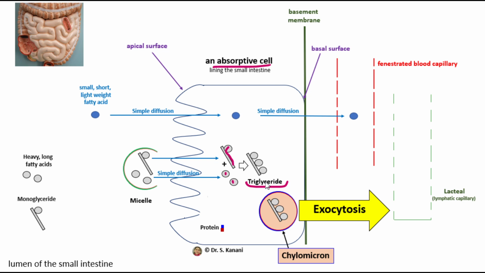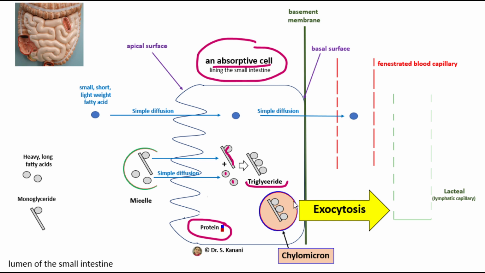And also some other lipids such as phospholipid and cholesterol are added to the group, and then the absorptive cell prepares these molecules to get inside a watery place by producing some proteins and wrapping a coat of protein around the triglycerides, cholesterol, and phospholipid.